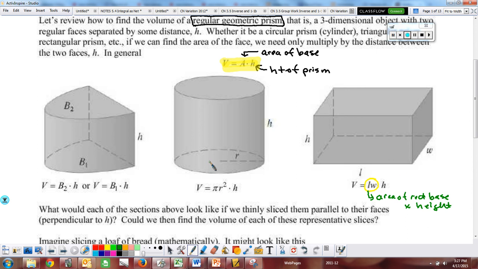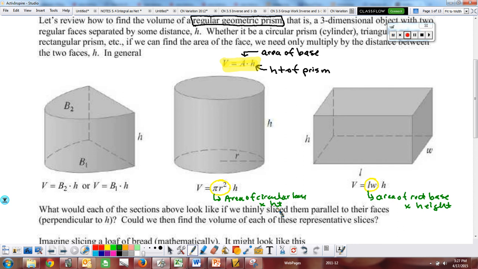If we look at a circular prism like we have over here, notice that the first component, pi r squared, is the area of your circular base. And then of course times the height, and that gives us our volume.